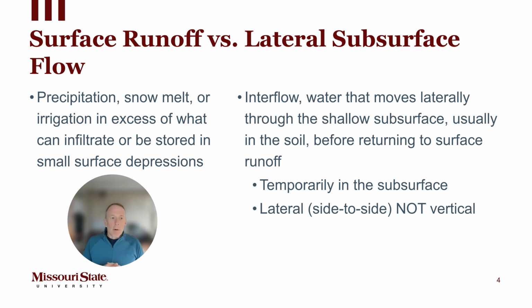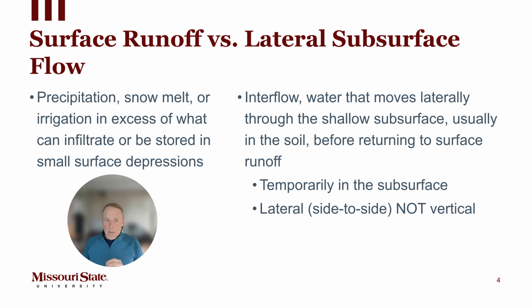But anyway, precipitation, snowmelt, or irrigation in excess of what can infiltrate or be stored in small surface depressions or in the soil, that will become surface runoff. So if the soil becomes saturated, then no more can infiltrate and it's going to run off.